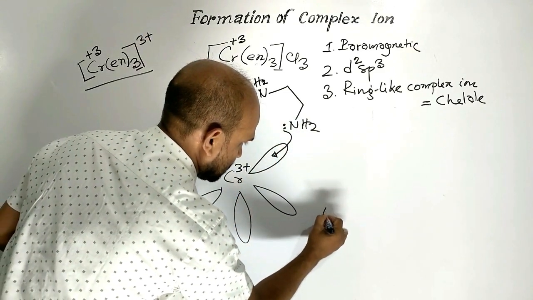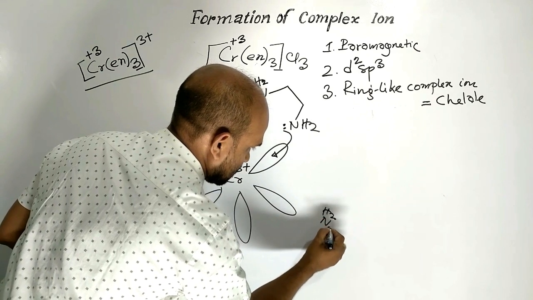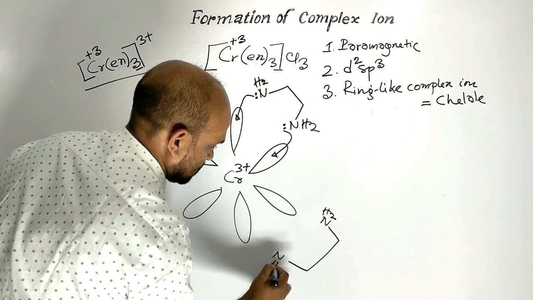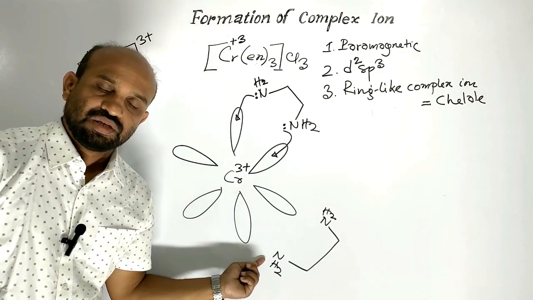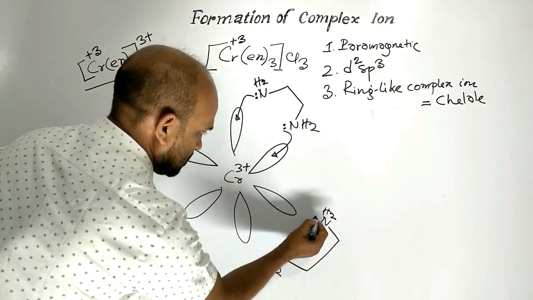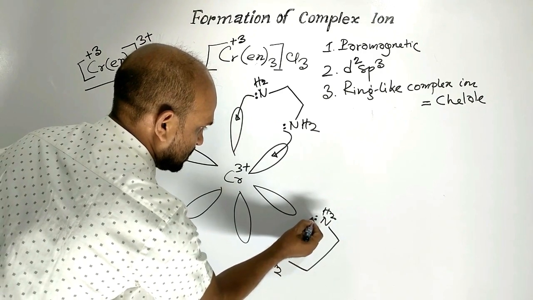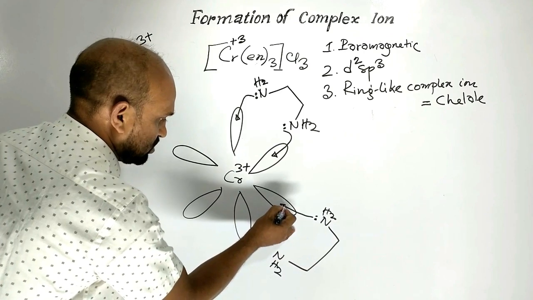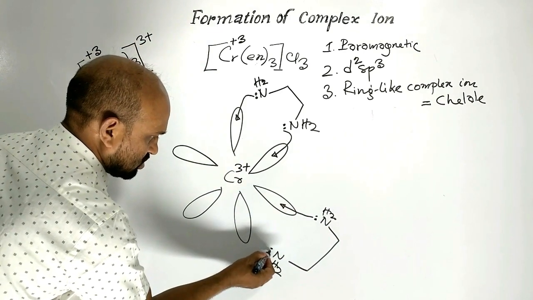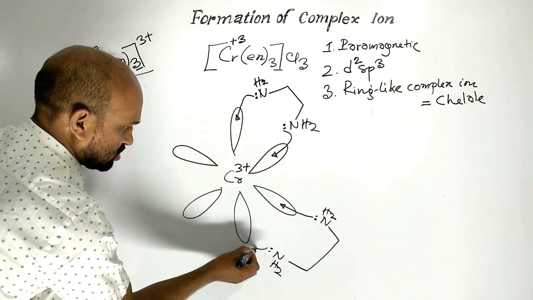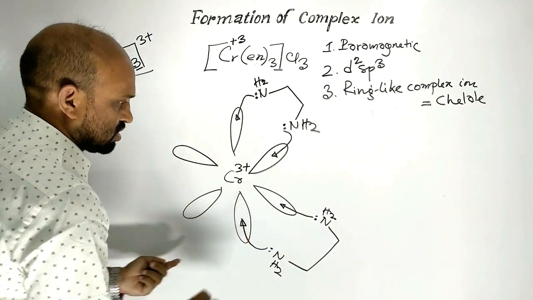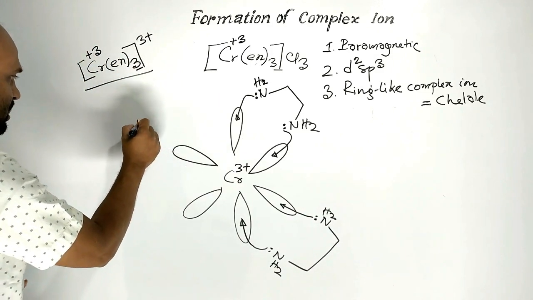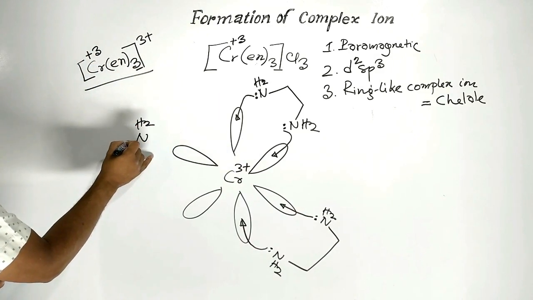Similarly, another ethane 1,2-diamine. This nitrogen with this lone pair of electrons forms a coordinate covalent bond. This nitrogen with this lone pair of electrons forms a coordinate covalent bond. Then another ethane 1,2-diamine.